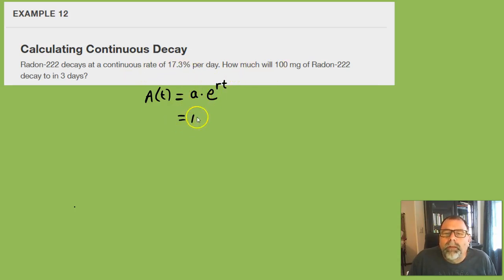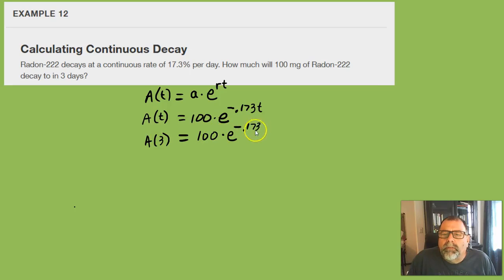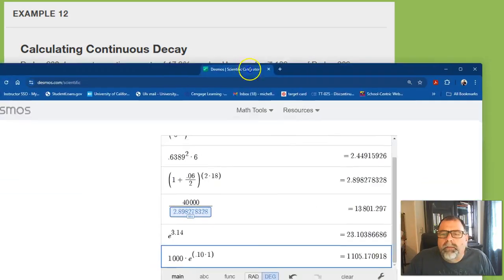E to the R is negative 0.173. Remember, you have to move the decimal place 2 places, times T. So this is our equation for exponential decay, and we want to know at the end of 3 days. So we'll put in 3. And again, you probably need to use parentheses depending on your calculator. So I like to write that.